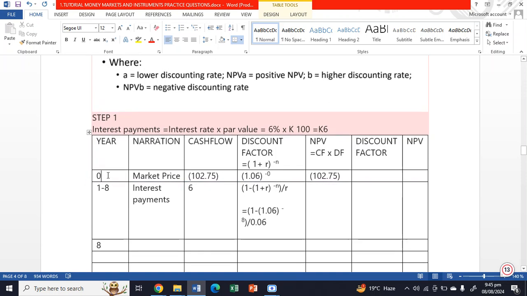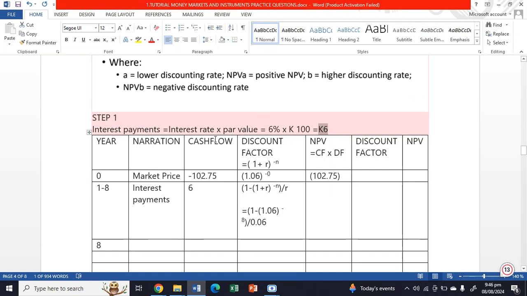Year 0 is the first day of year 1. You go to the Securities Exchange and you pay the market price for the bond. That's why we're representing this as negative 102.75. You are paying for this bond, so money is coming out of your pockets. After you purchase this bond, from year 1 to year 8, you'll be receiving interest payments of 6 kwacha.